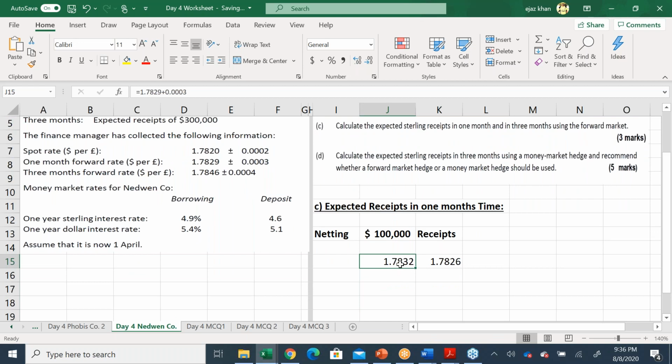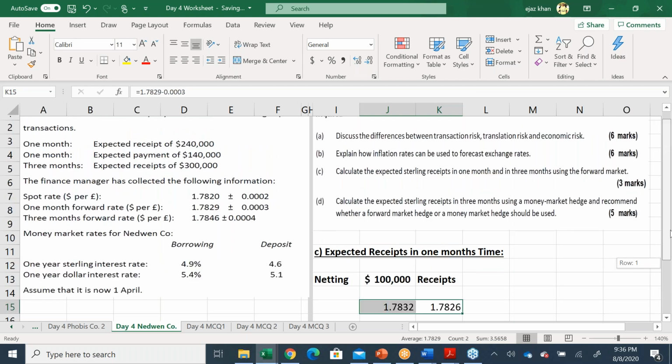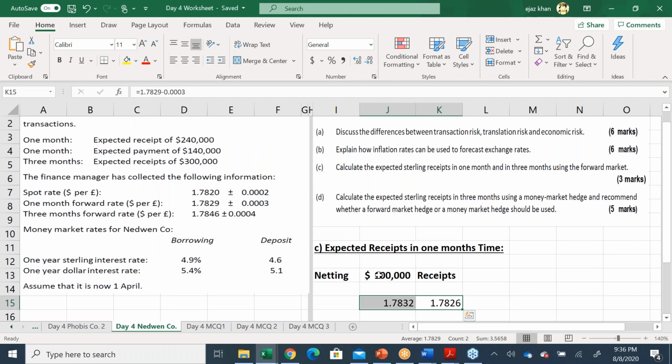Now we should use either of these two rates, but which rate to use? Now I'm telling you another rule of which rate you should be using. First of all, tell me whether $100,000 will be received by the company or paid by the company. Received by the company.